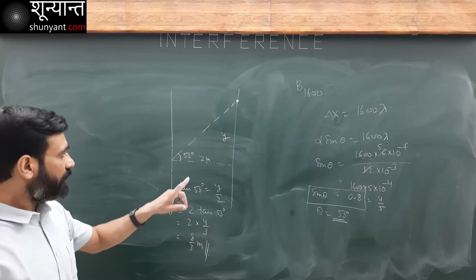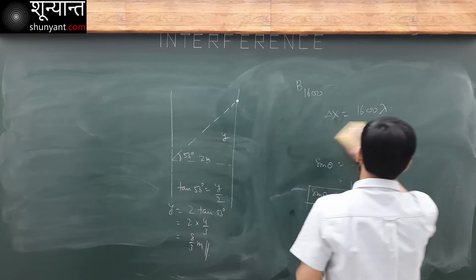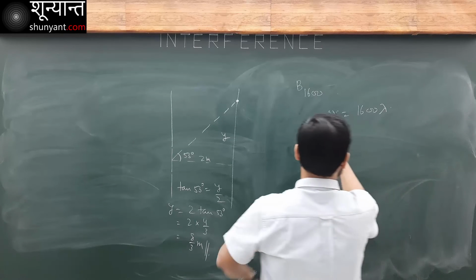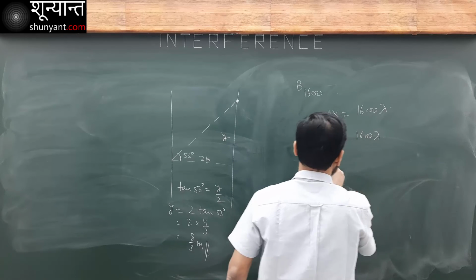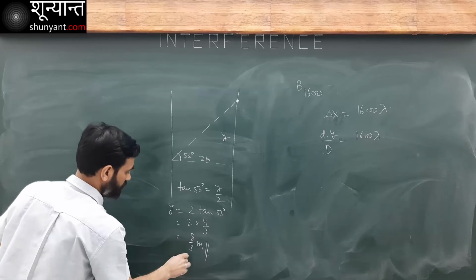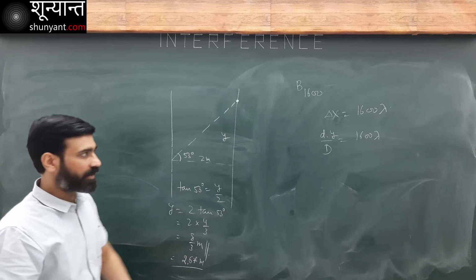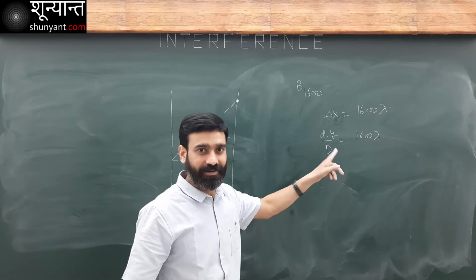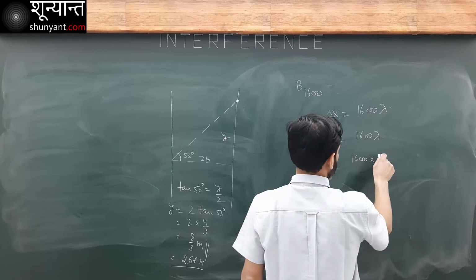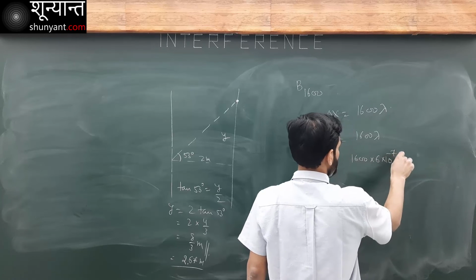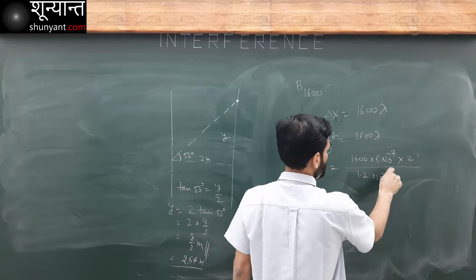Now let's see what incorrect answer you will get. If you directly apply this thing, delta x is 1600 lambda, and if you apply y d over D is equal to 1600 lambda, so you see what answer I am getting? It's like 2.67 meters. Let's see what incorrect answer I get applying this formula. y is 1600 and 6 and 10 minus 7 and 2, and this becomes 1.2 and 10 minus 3.